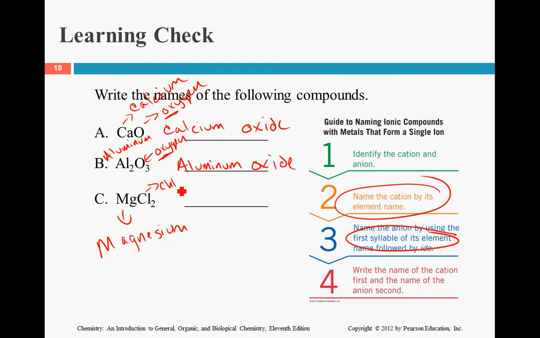Cl is chlorine. So that becomes magnesium, just the element name. Chlor is the first syllable, ending in "ide," so chloride. The cation then the anion.